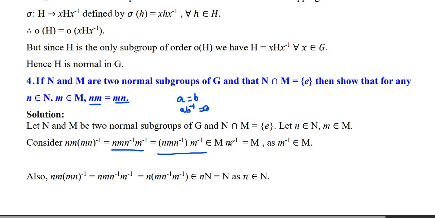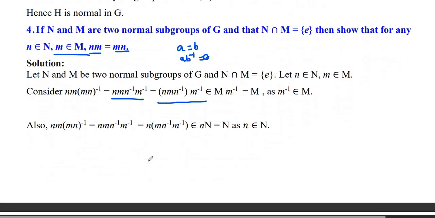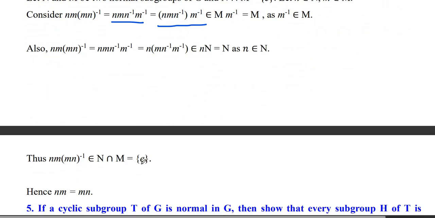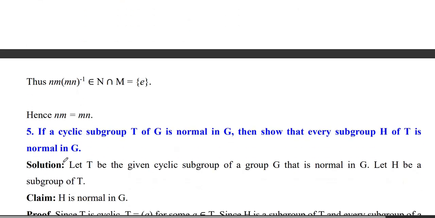And because M is a subgroup, m inverse will be a member of capital M, as small m is a member of capital M. So this will be absorbed, and so you have this to be a member of M. The same technique, but here N is normal, is used here, and n belongs to capital N, so it will be absorbed by N. So the same element belongs to both N and M, so it must be there in the intersection, but the intersection is singleton E, so we conclude that nm equals mn.